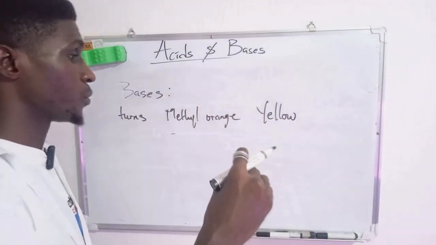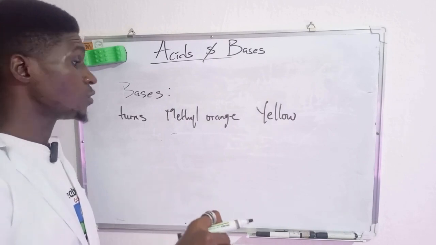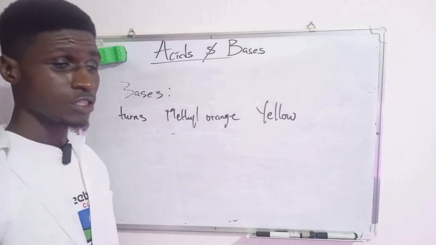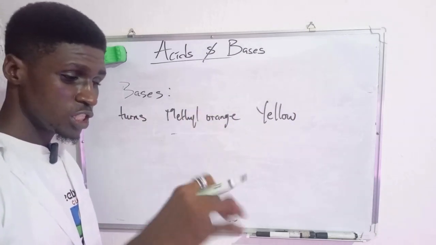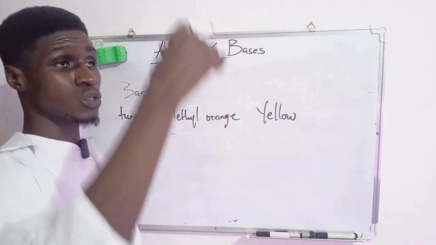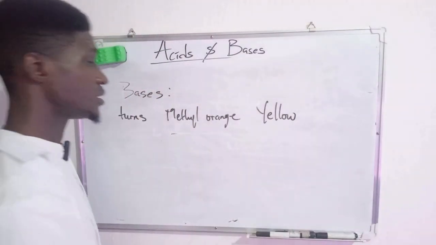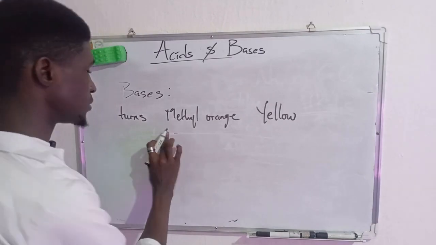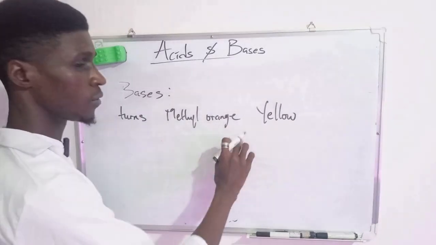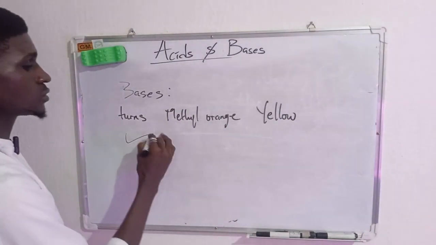When you drop maybe 2 drops of methyl orange indicator in your base during titration, the color changes to yellow, like the color of the sun. Originally the methyl orange is orange in color, but what you are seeing is yellow.